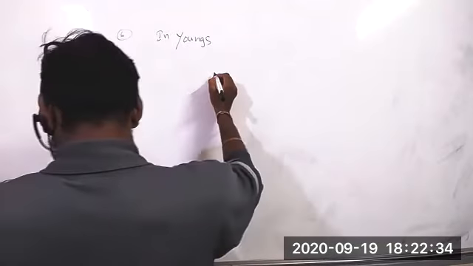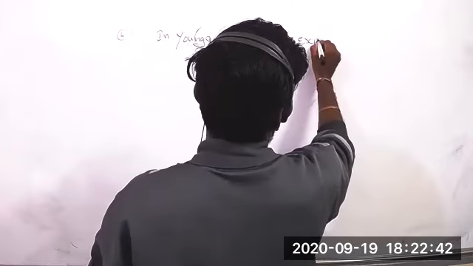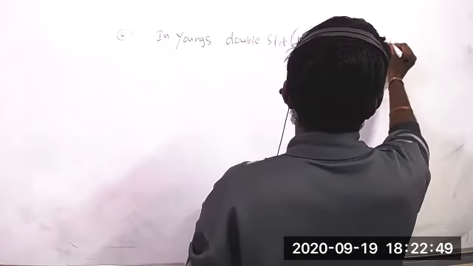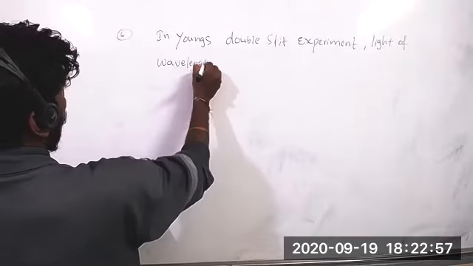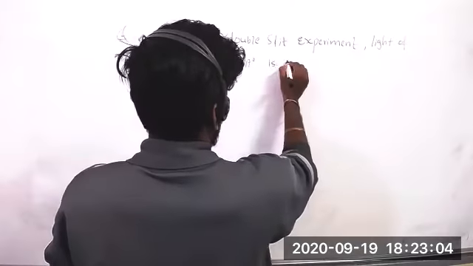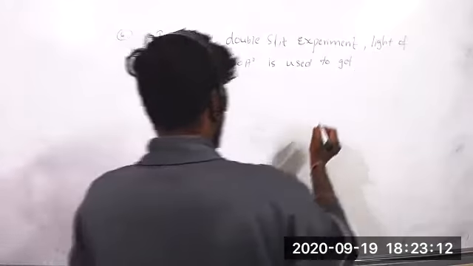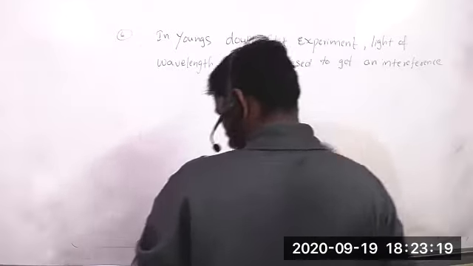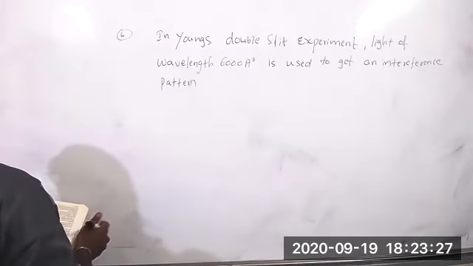In Young's double slit experiment, light of wavelength 6000 angstrom is used to get an interference pattern on a screen.